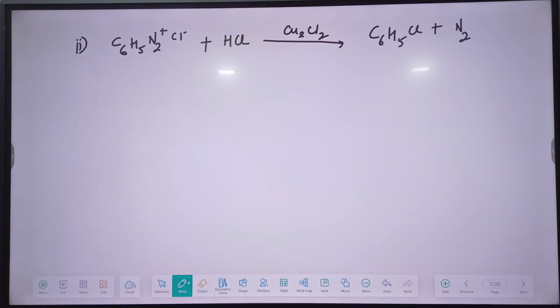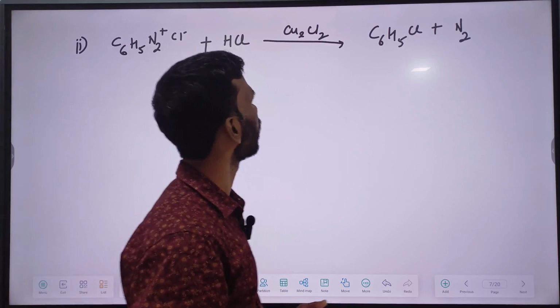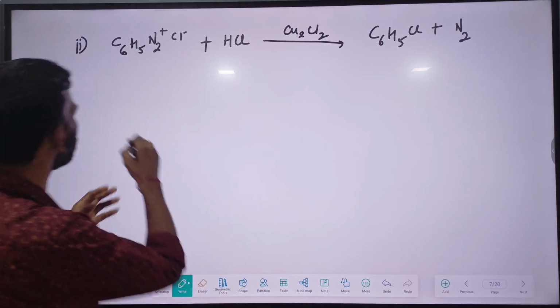Right? There is a diazonium salt in this case.